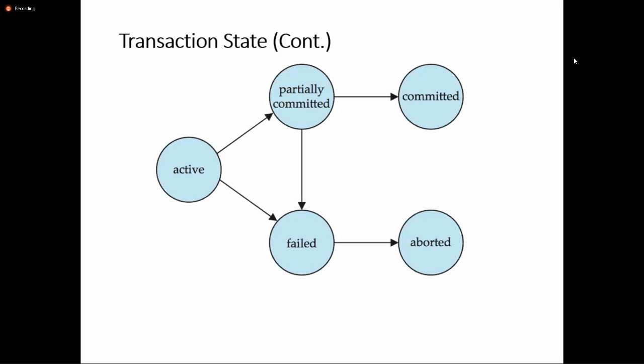It can kill the transaction. It usually does so because of some internal logical error that can be corrected only by rewriting the application program, or because the input was bad, or because the data were not found in the database.